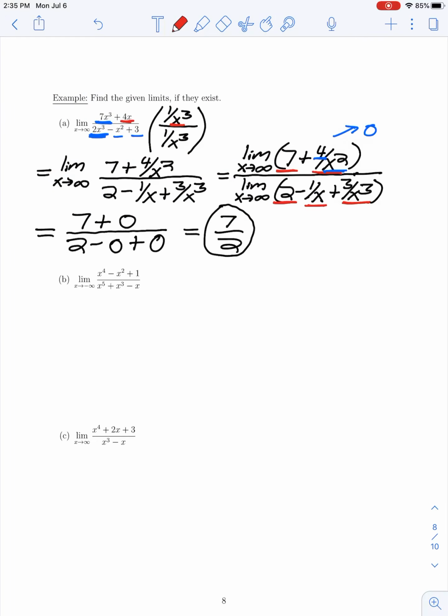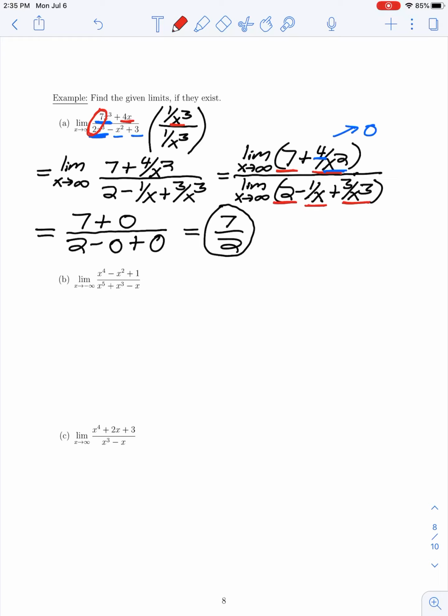We see that our limit ended up being 7/2, which was the ratio of the lead coefficients for those highest powers of x in top and bottom, 7 over 2. And in general, that will always hold in the case that we have an infinite limit of a rational function with the same highest power on top and bottom. We can just look at the ratio of those lead coefficients to get our answer immediately.